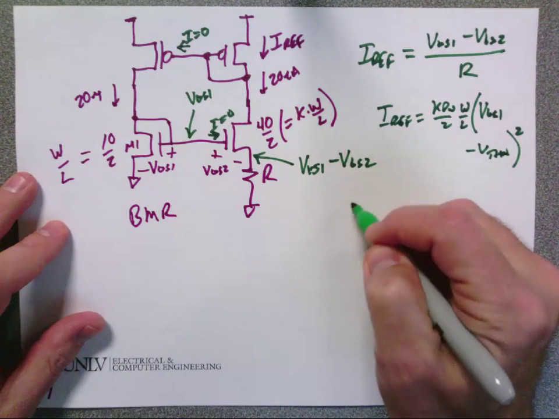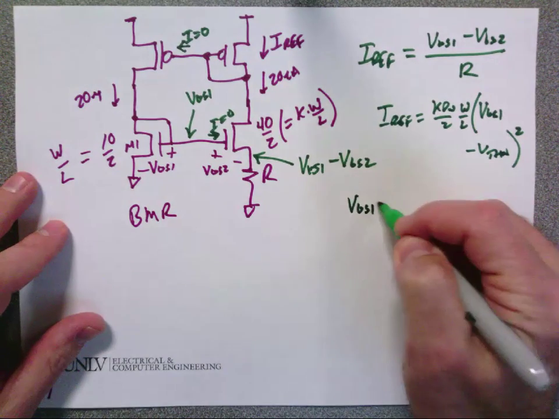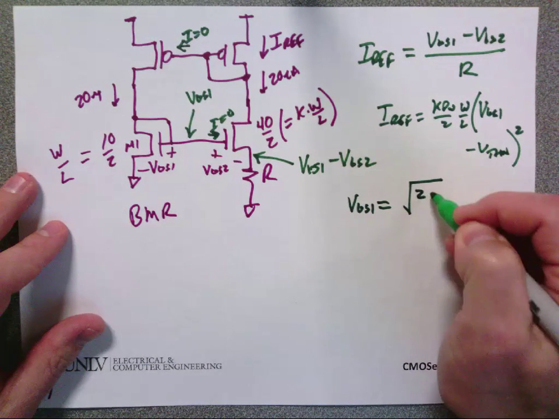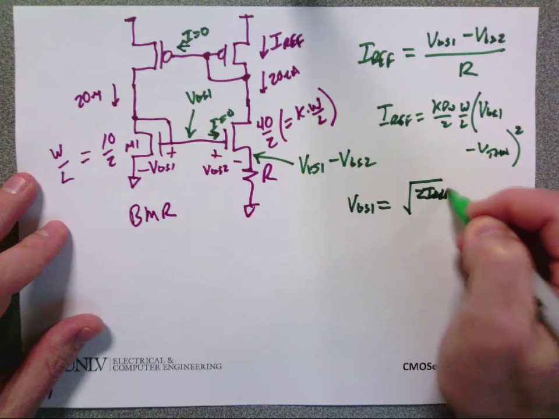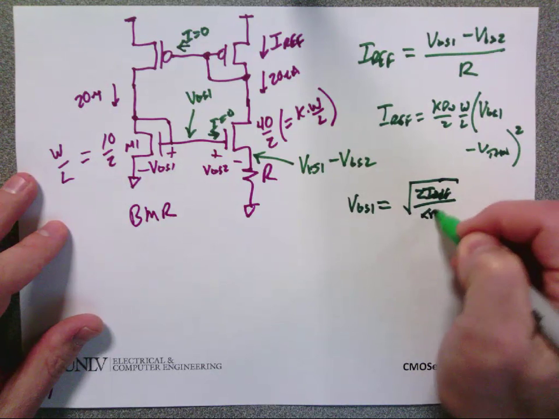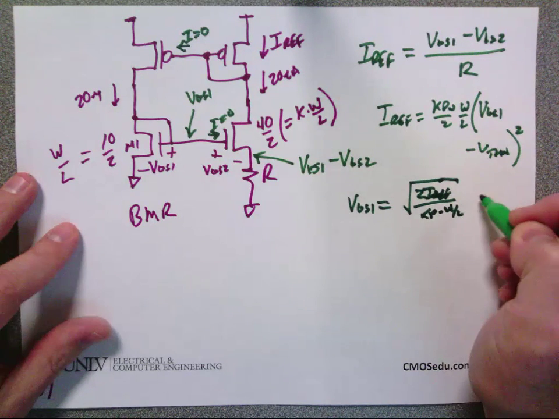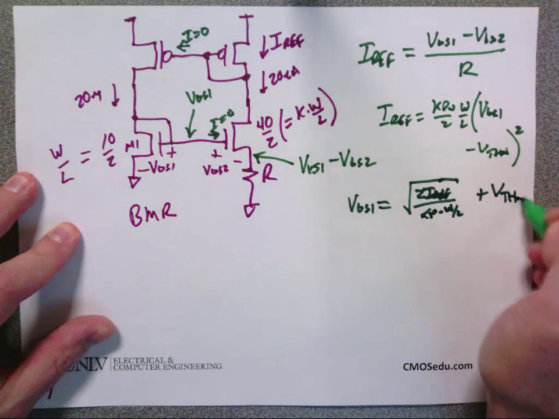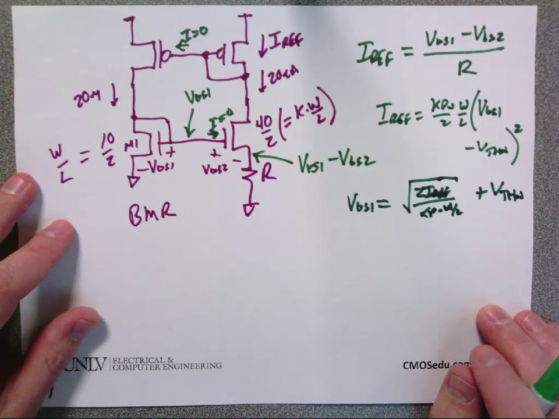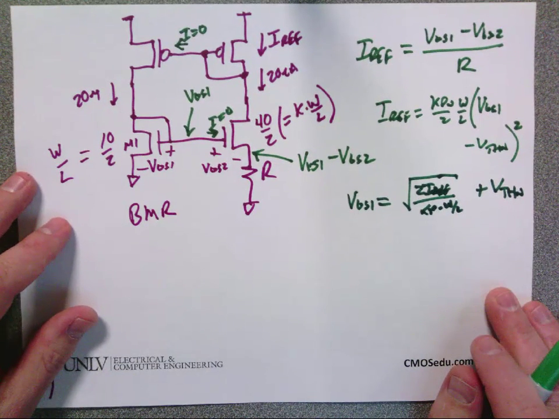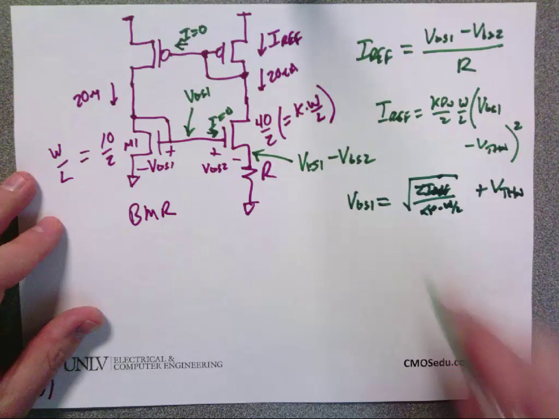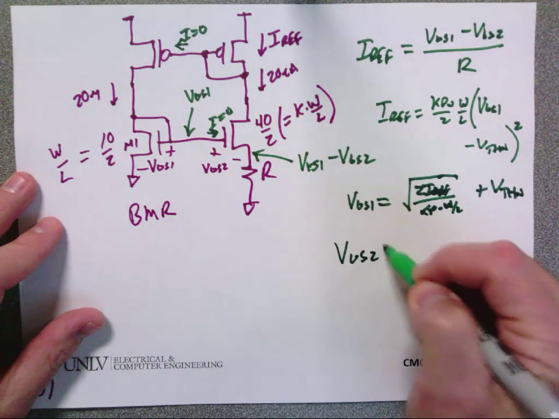So I can write VGS1 is equal to the square root of 2 Iref over Kp times W over L, plus V threshold n. Would everybody agree with that? Okay, but how would I write VGS2 then?